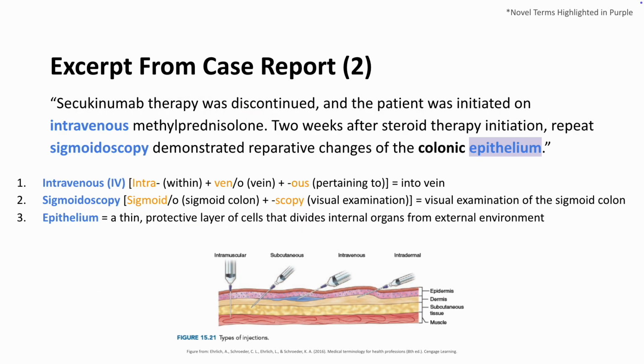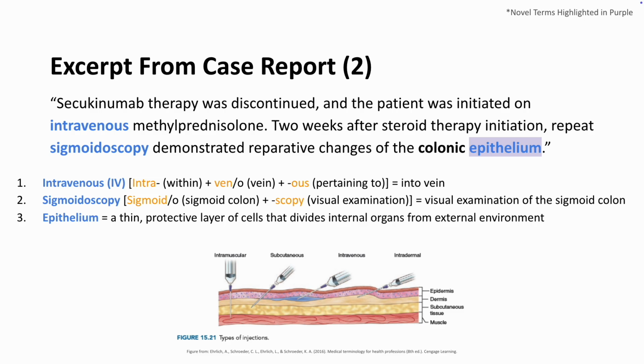Another excerpt is: secukinumab therapy was discontinued, and the patient was initiated on intravenous methylprednisolone. Two weeks after steroid therapy initiation, repeat sigmoidoscopy demonstrated reparative changes of the colonic epithelium.